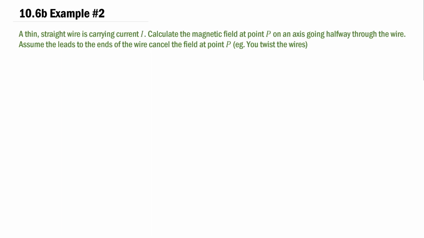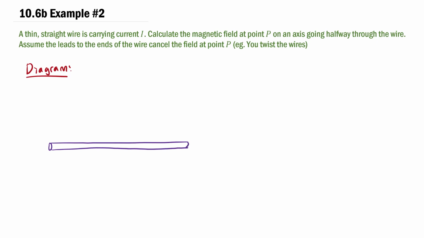So the first thing is to draw a diagram. I know we have a thin straight wire, so why don't we draw a thin straight wire? It's going to have a length of L, and it's going to carry a current I. There's an axis going halfway through the wire.